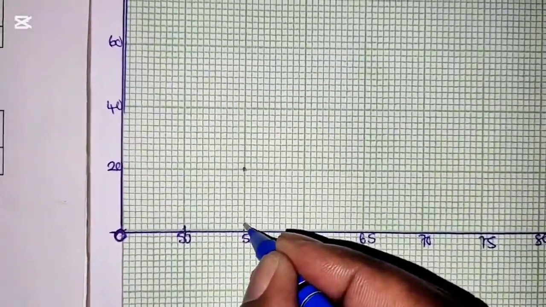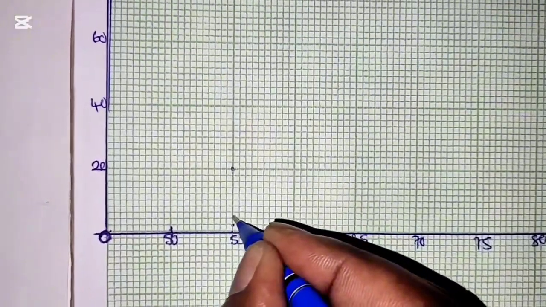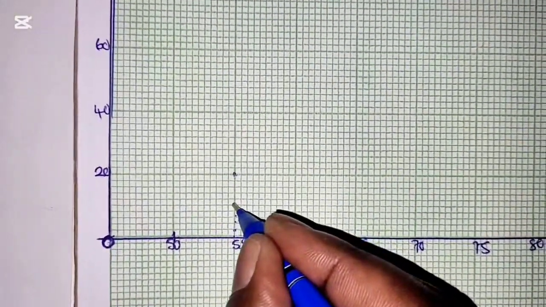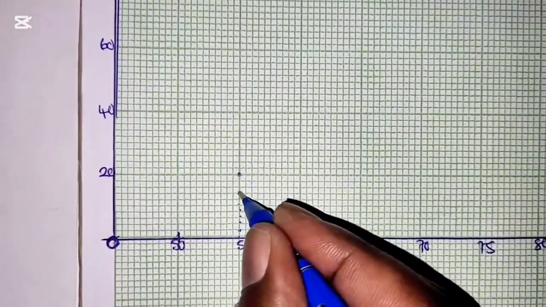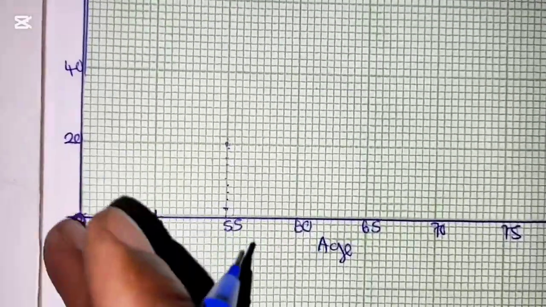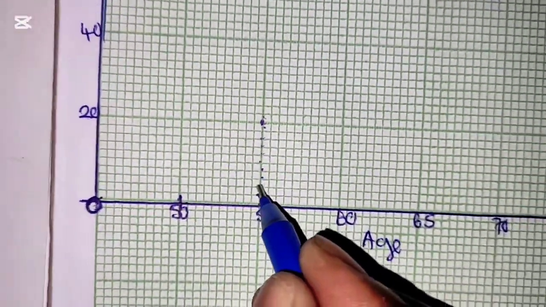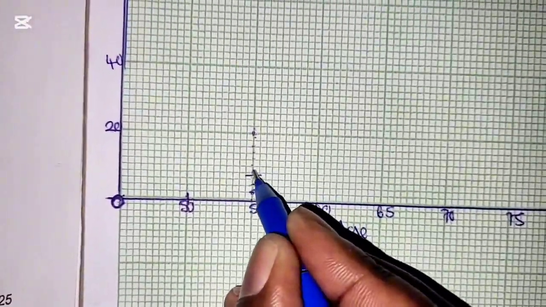So each small box is 2, 4, 6, 8, 10, 12, 14, 16, 18, and 20. Each small box from our scale is 2, right? So 2, 4, 6. So 6 is what?